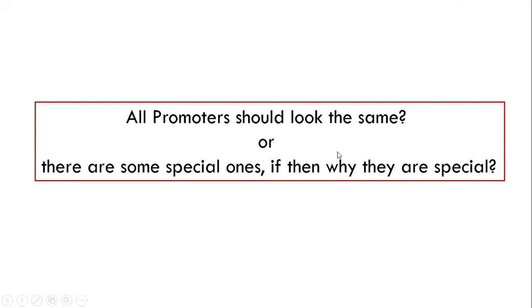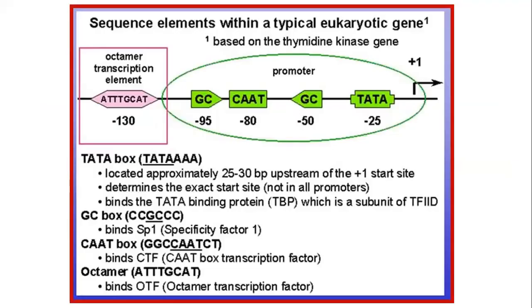Promoters are not unique, and they are not the same in all species. They are actually different from cell to cell. We will see why. Now zoom in on the sequences. What is the speciality of each sequence? Each sequence corresponds to a specific kind of protein called a transcription factor.